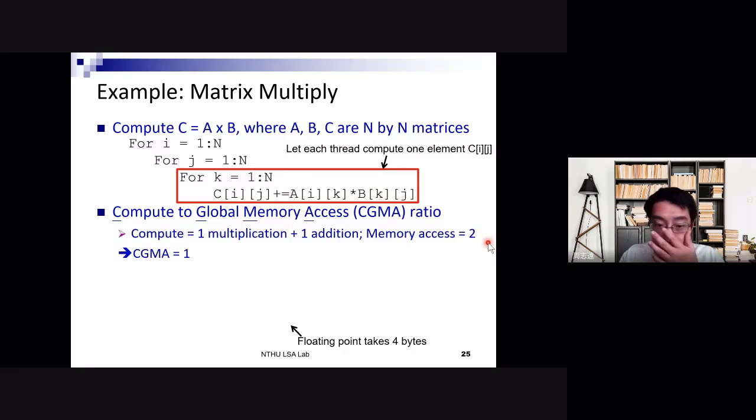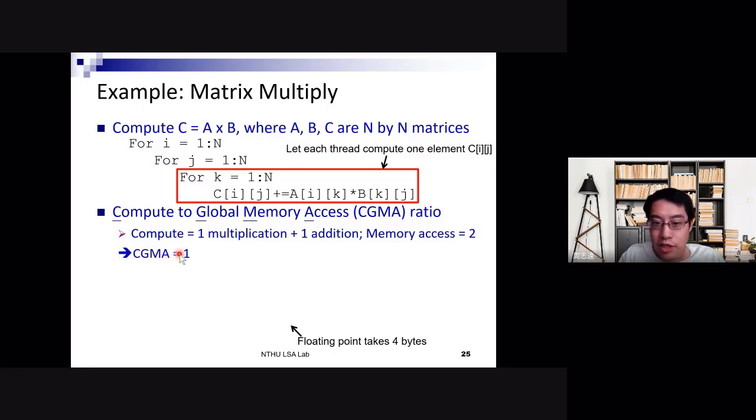For the CUDA code, basically all the threads perform the same operation, so the ratio will be the same across all the threads, and we can analyze it by the behavior of a single thread. In this case, the number of computations is 2 and the number of memory accesses is also 2, so the CGMA ratio is just 1.